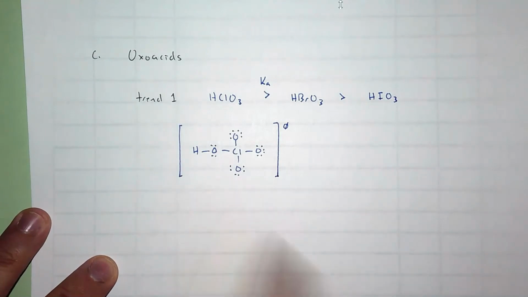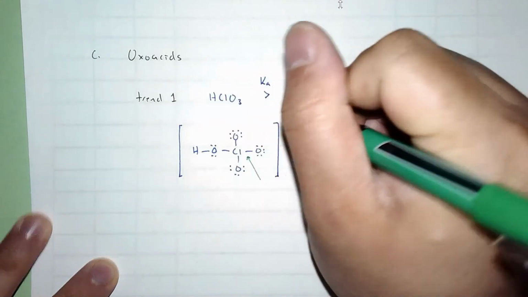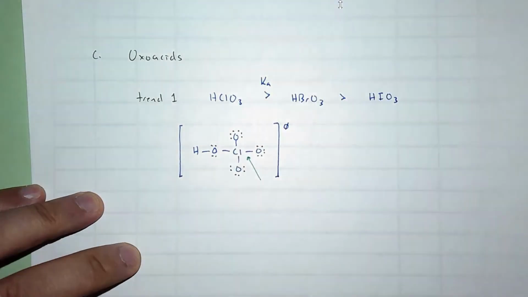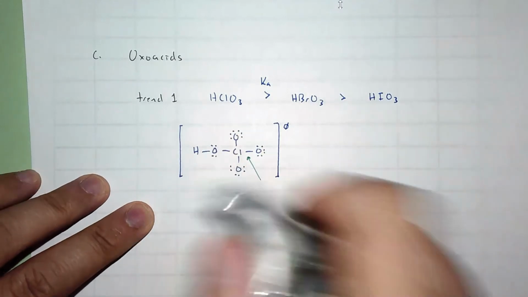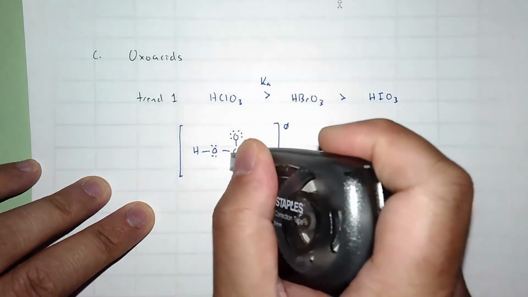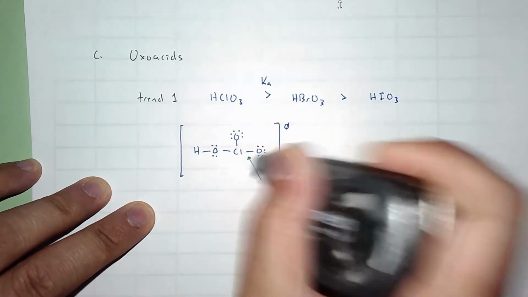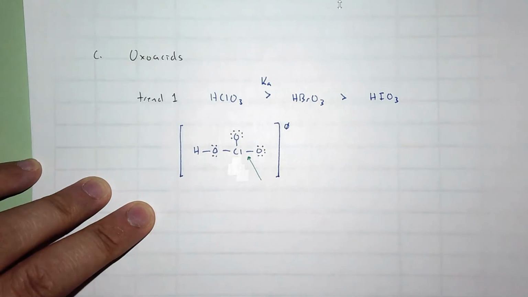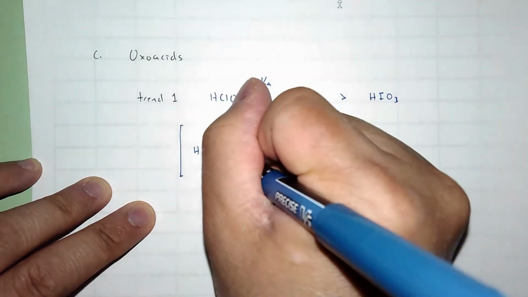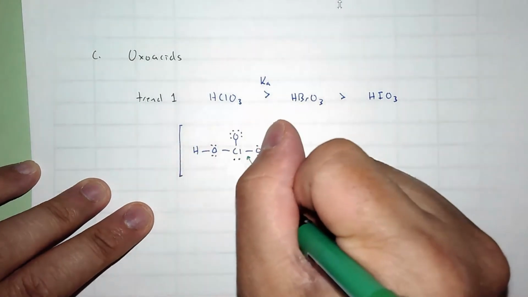As chlorine, which is more electronegative, oops, I didn't write HClO3, this is HClO4. Let's get rid of this bond right here. My bad. This has a lone pair now. Alright. It's still net neutral, but chlorine is more electronegative.